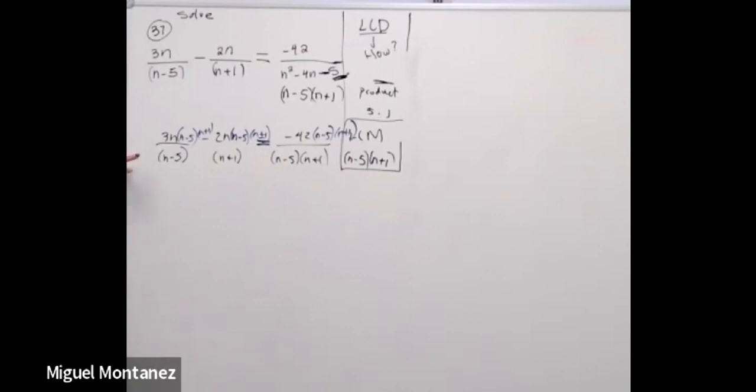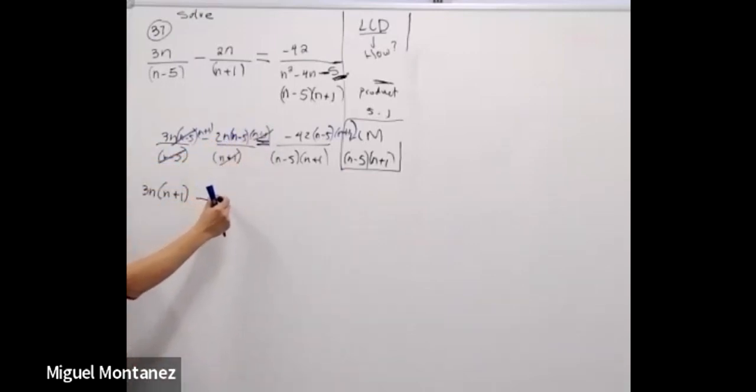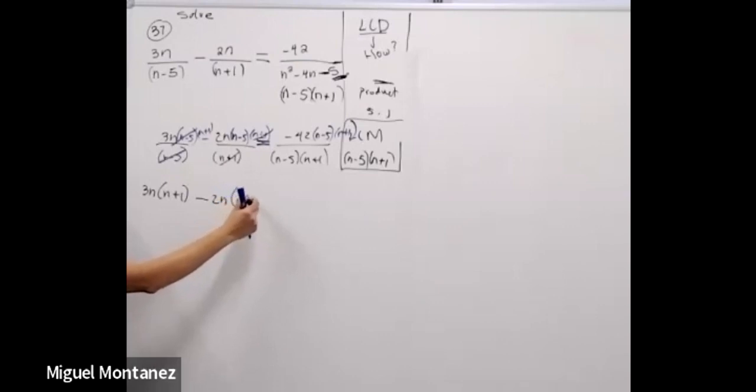We start simplifying. That was the whole point. This n minus 5 is going to cancel and leave us with the 3n times n plus 1. From the second fraction on the left, the n plus 1 will divide with the n plus 1 and leave us with the 2n times n minus 5.